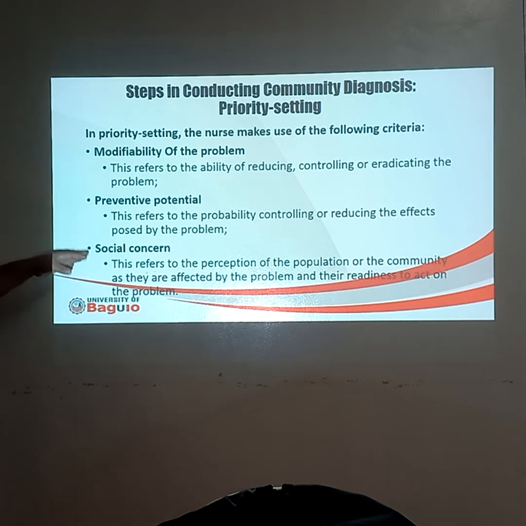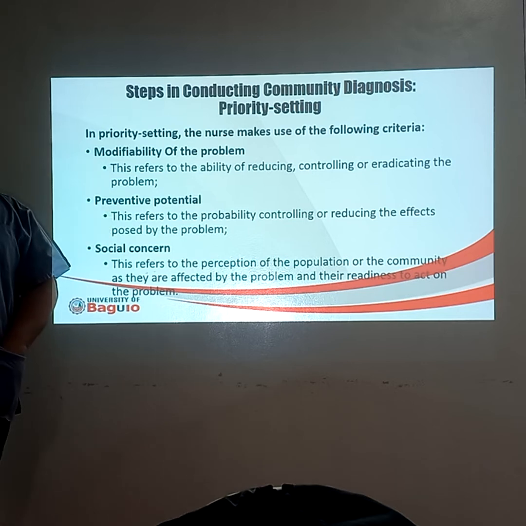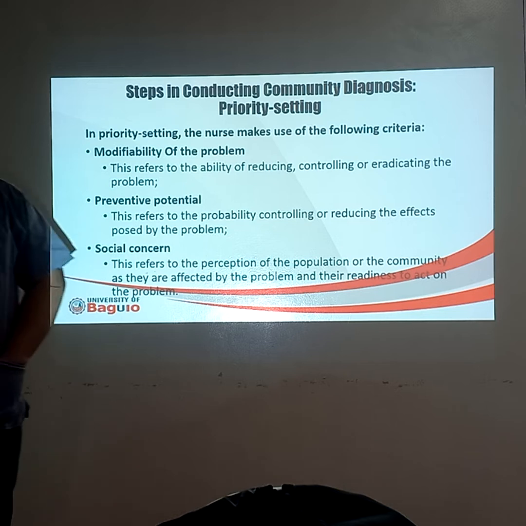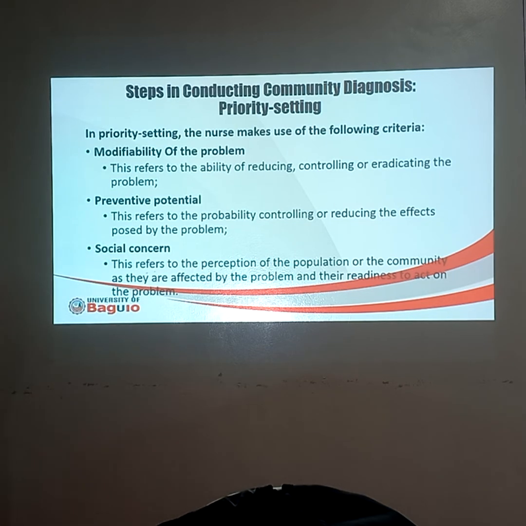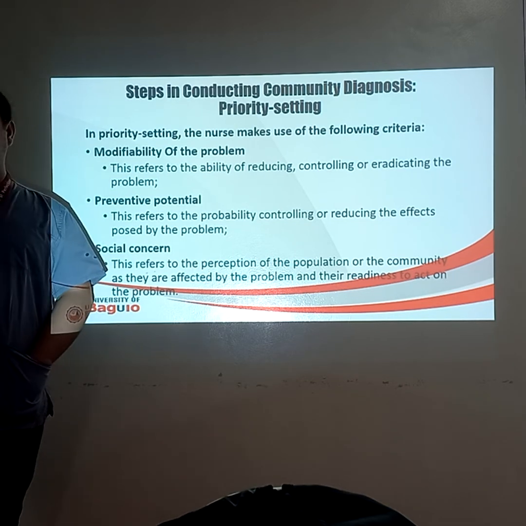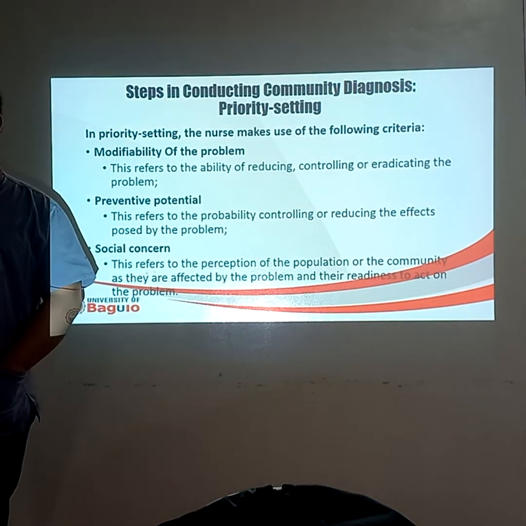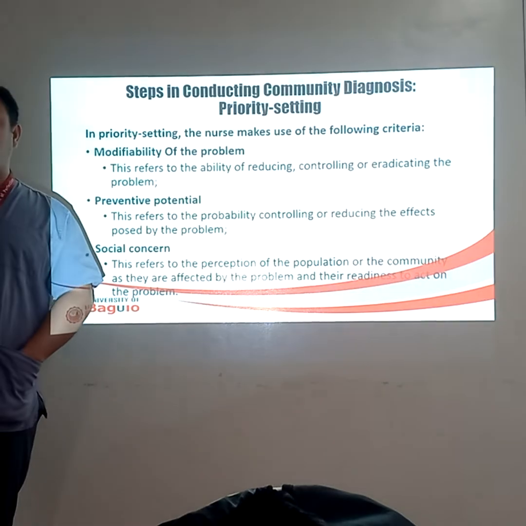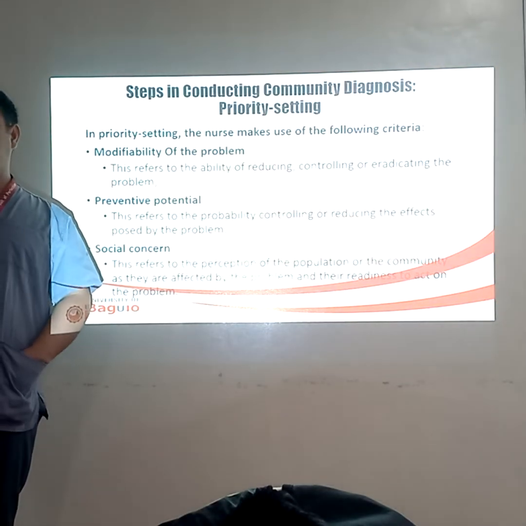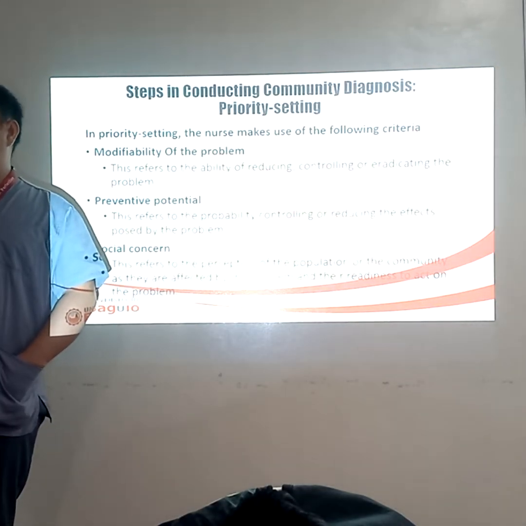We are including this in the process. Why? Let me go back to the primary goal of community nursing. What is the primary goal of community nursing? Enhancing the capability of the people. Is that the same thing as self-reliance? Yes, meaning we want the people to decide on their own. Therefore, in the process of data gathering, collection, collation, presentation.